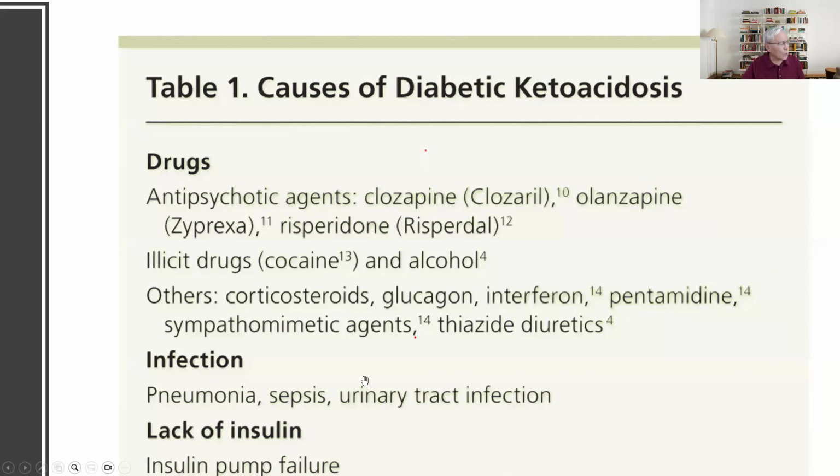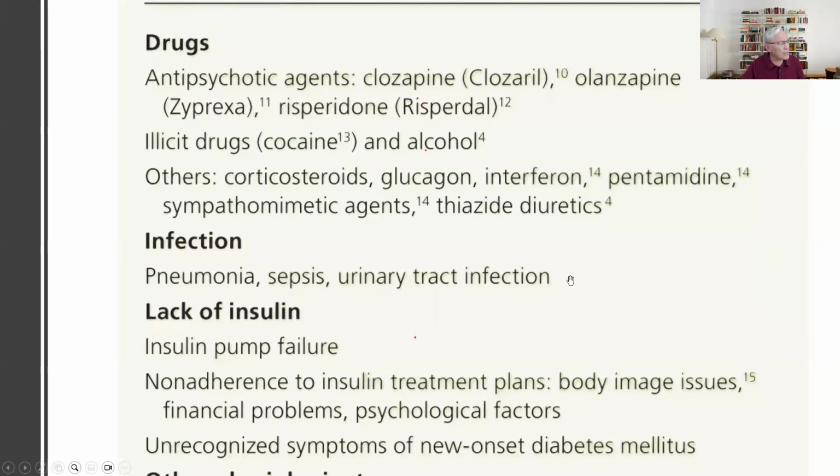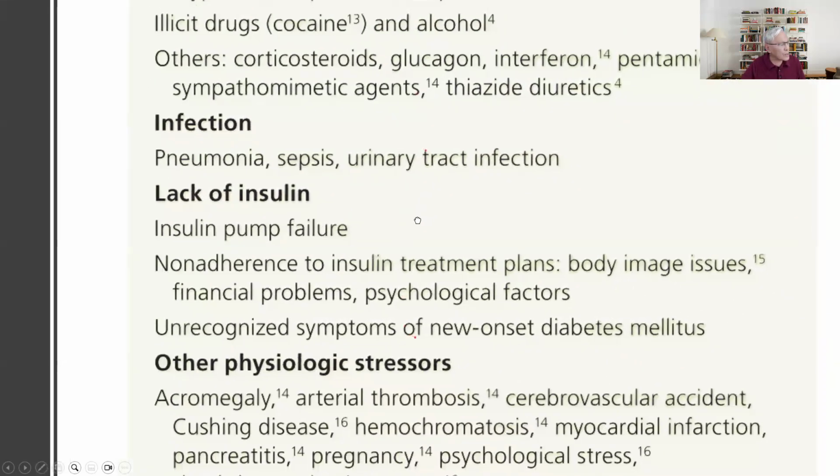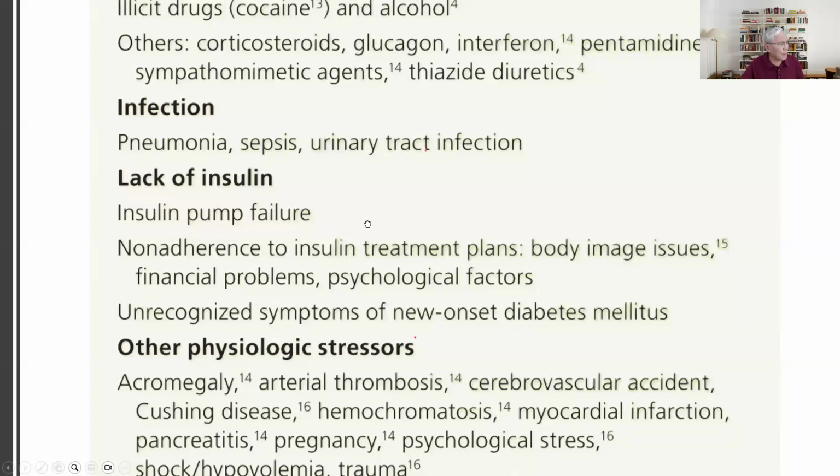All right? So infection, the most common would be pneumonia, sepsis, and urinary tract infection. Other things, such as the lack of insulin, could include also non-adherence to insulin, as well as in patients who have an insulin pump, there might be a failure of the mechanical components of the pump.